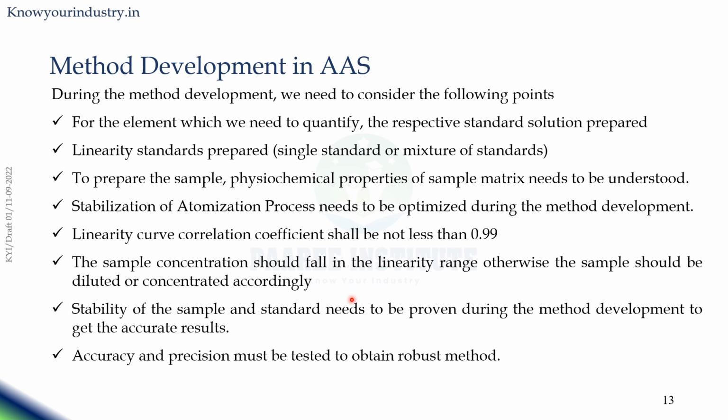Then you need to establish a sample processing procedure and analyze the sample, and if it is within the calibration curve or linearity standard curve, then you can directly go for the calculation process. Or if it is above or below the calibration curve, you have to dilute or concentrate accordingly, then you can quantify through the calculations.